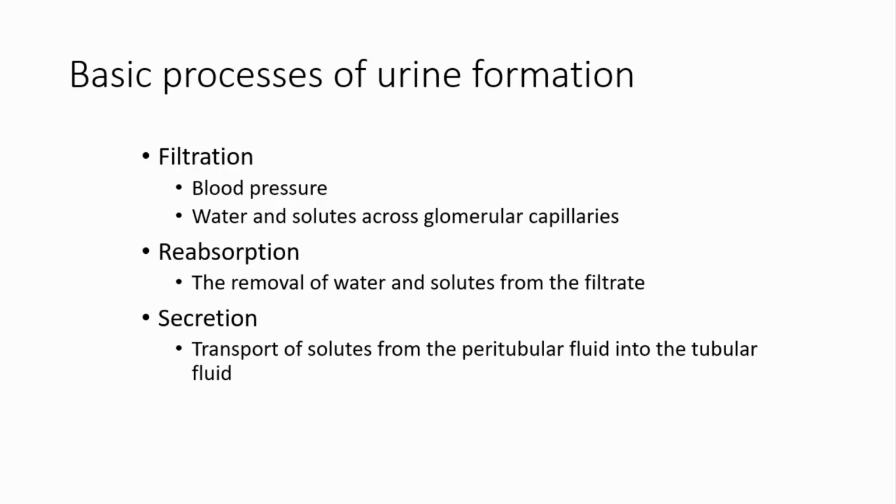The basic process of urine formation: we have filtration, and this depends on blood pressure. This is why we worry if a patient's blood pressure drops too low. If that happens, there's not enough filtration pressure for the kidneys to actually work, and the patient goes into renal failure or kidney failure.